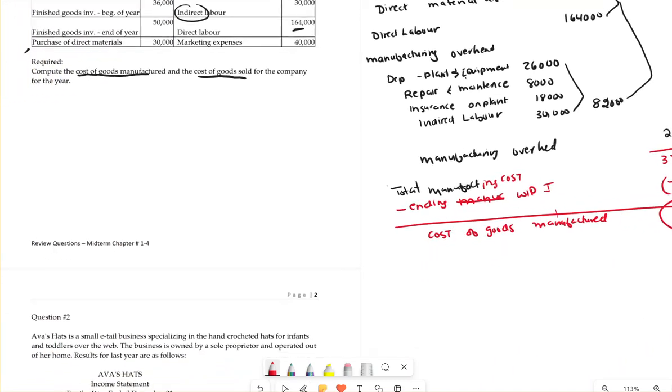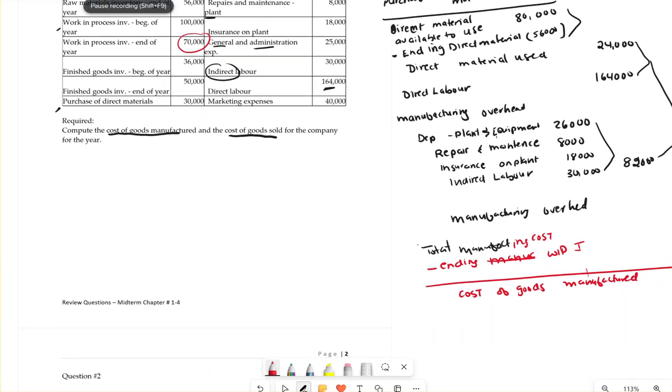In order to do my cost of goods sold, you're going to put the name of the company, and then we're preparing cost of goods sold. When you do that, you start with your finished goods inventory, which is 36,000.